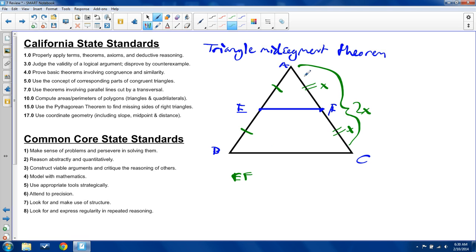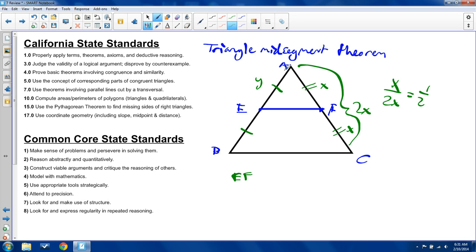So if AC is 2X, check out this triangle here. If I look at this triangle AFE and compare it to the lengths in triangle ACB, the side ratio of AF to AC is X over 2X. Cancel out the X's, you get 1 over 2. So you get a similarity ratio there, a side ratio of 1 over 2.